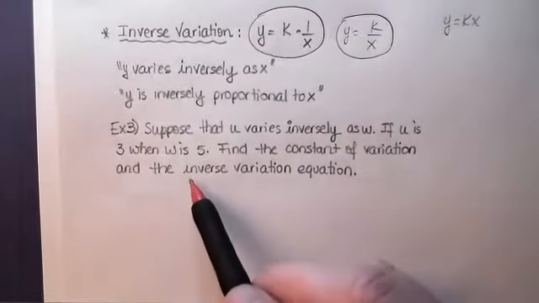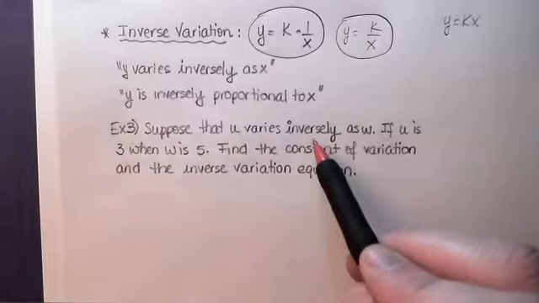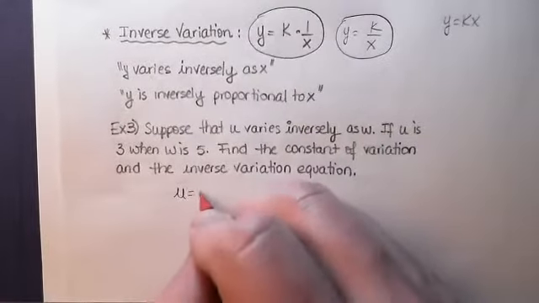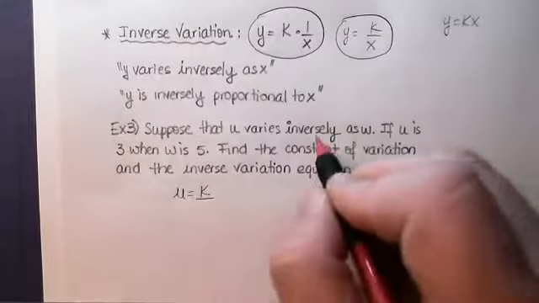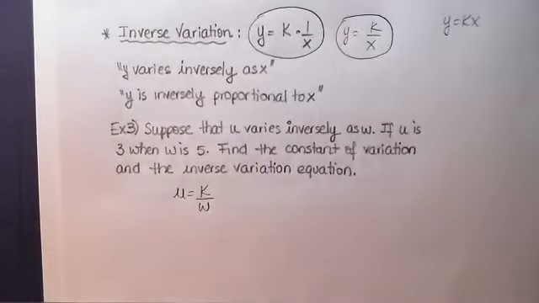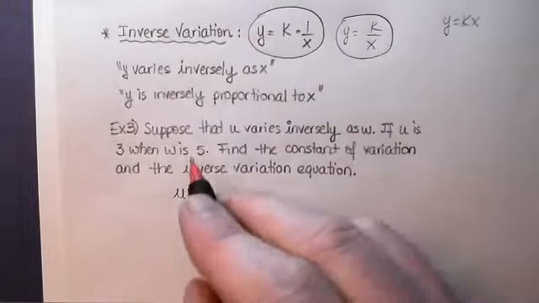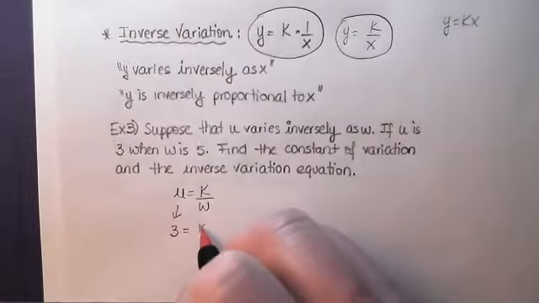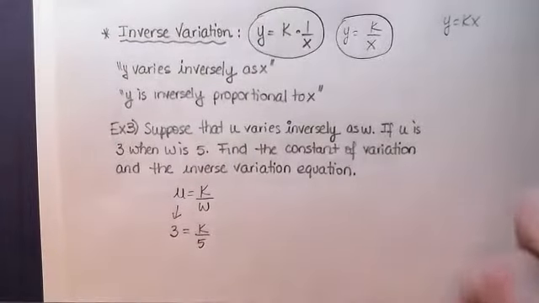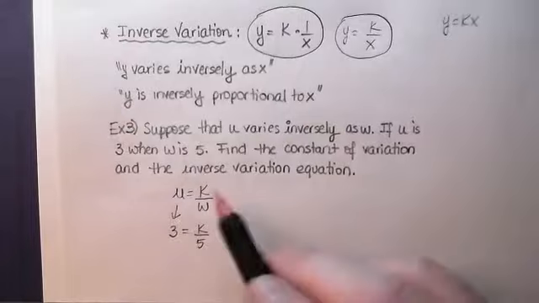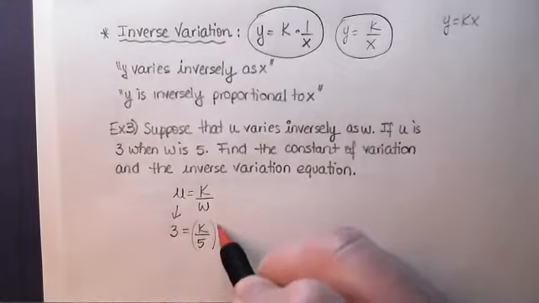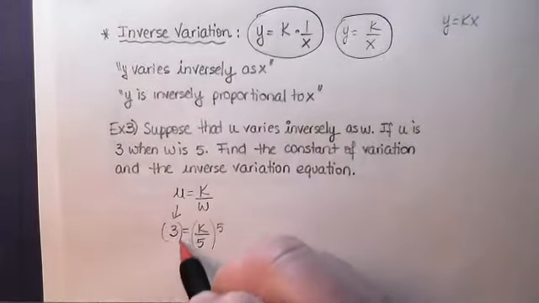So suppose I have a problem like this. Suppose that u varies inversely with w. So that means u equals k, and because it says inversely, w is going to be on the bottom. And if u is 3, then w is 5. The question is, find the constant of variation and the inverse variation equation. So I'm going to get the k alone by multiplying both sides by 5.